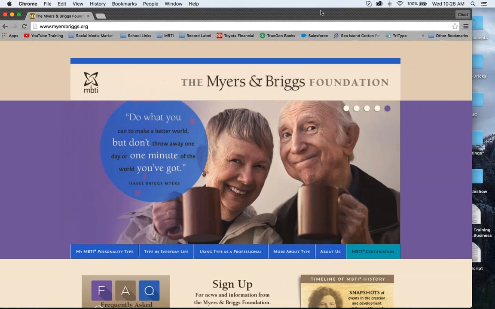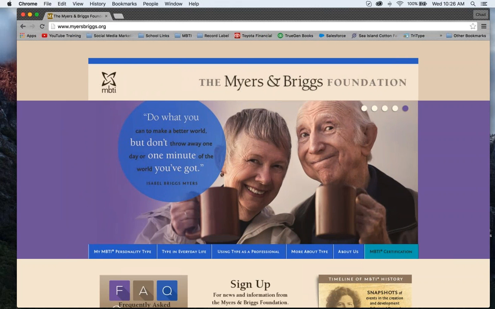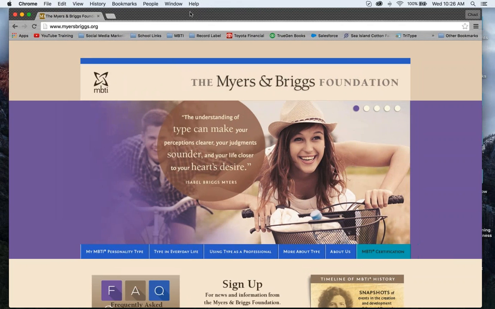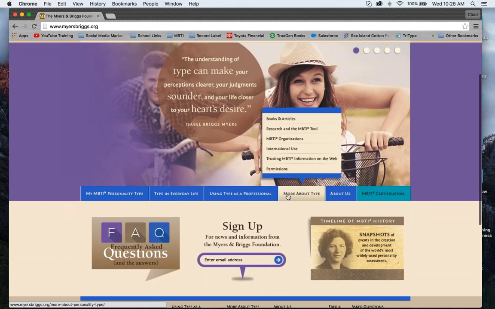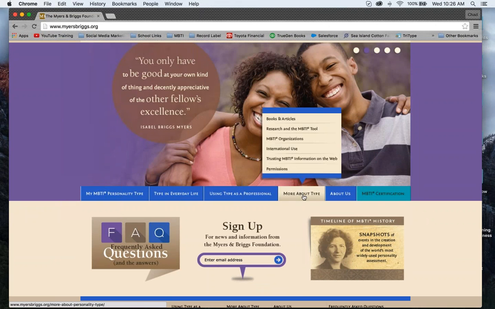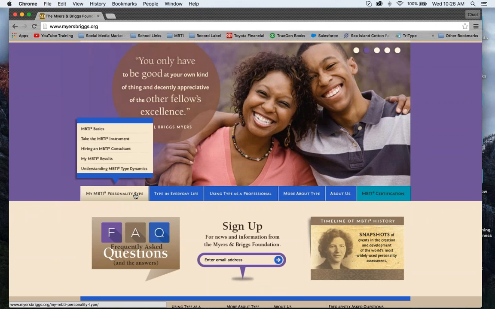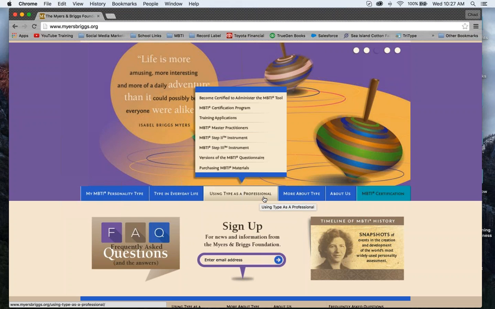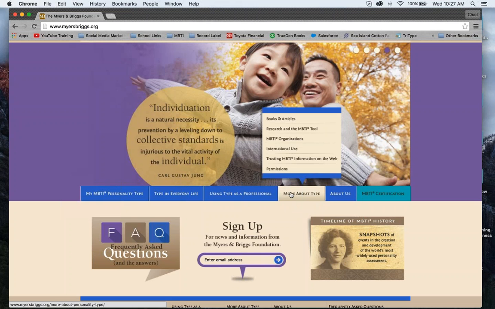One of the things I want to make sure you fully understand is that Myers-Briggs is a pretty closed system. That means it's used in a way that is supposed to be more canonical than, say, other Jungian psychology or Jungian functions. That means it follows a particular way of doing things.